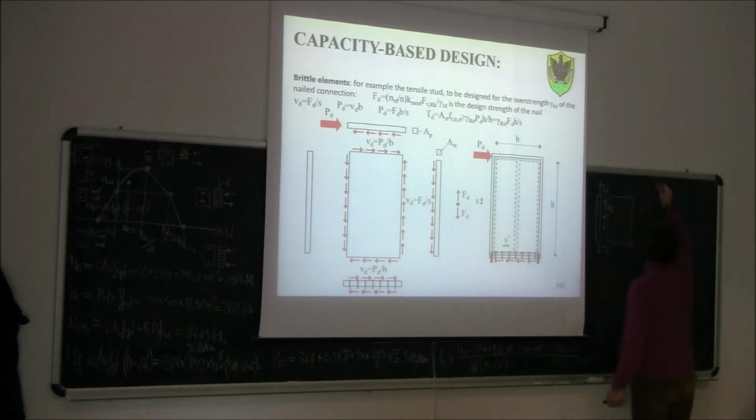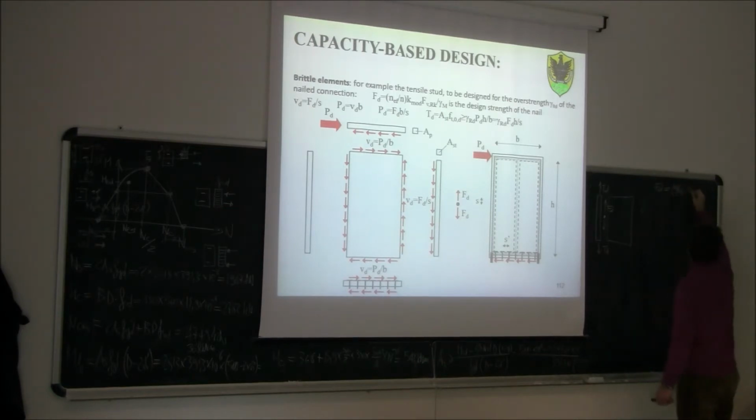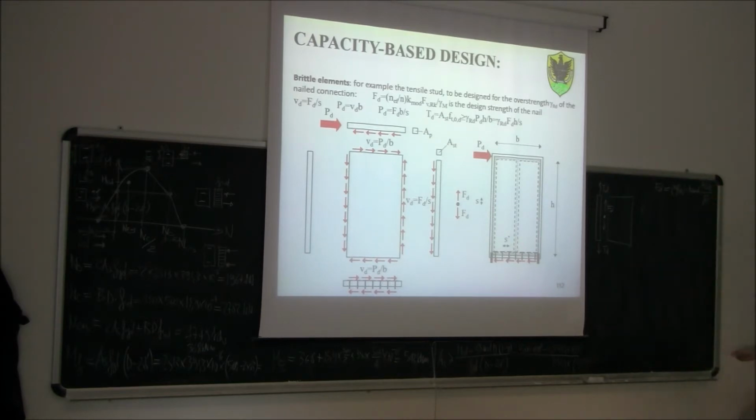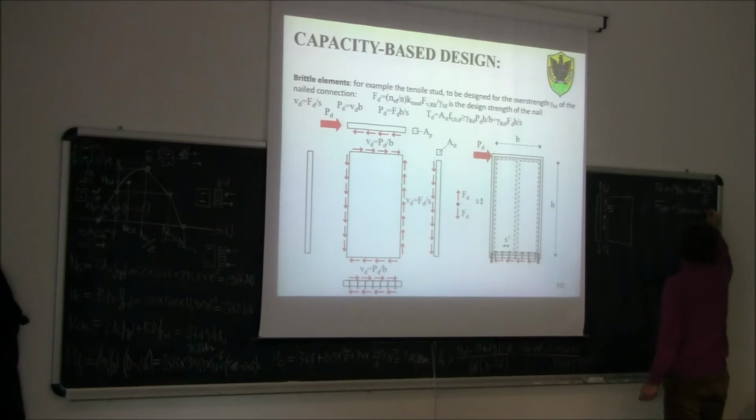We said that Fd is equal to N_ef over N times k_mod times F_v,Rk divided by gamma M. So we calculate this equation, which is the shear strength of a single nail, where F_v,Rk is calculated with the Johansen equation. Okay?